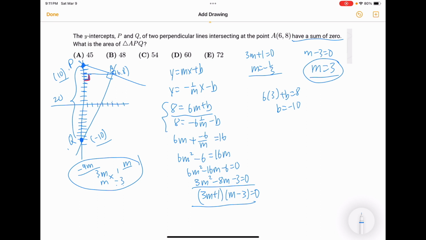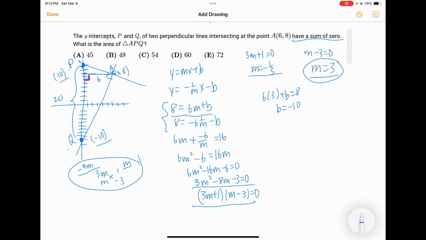Then this line is equal to 6 because it reaches point A, and point A has an x-coordinate of 6. So that means that the altitude to the hypotenuse is equal to 6.